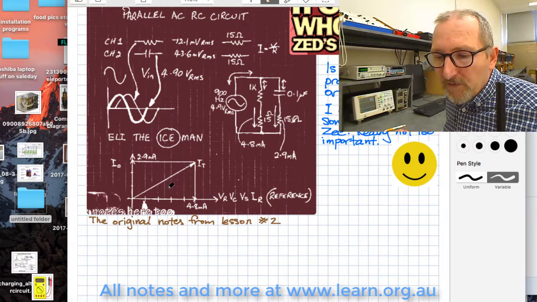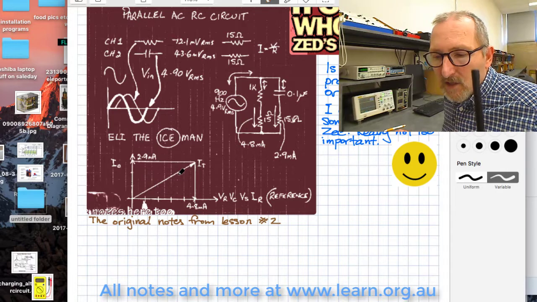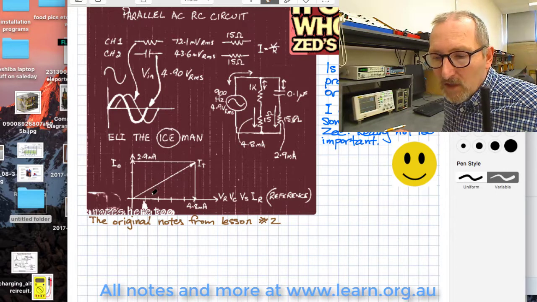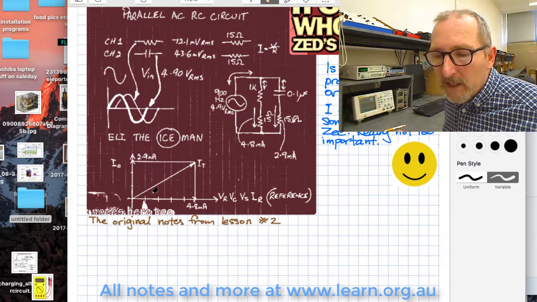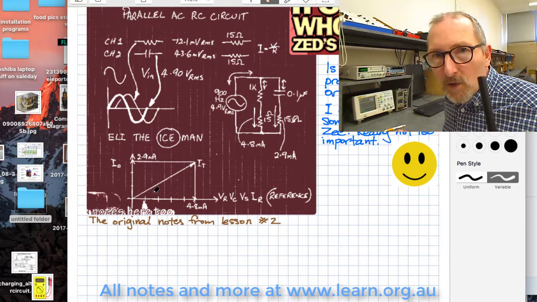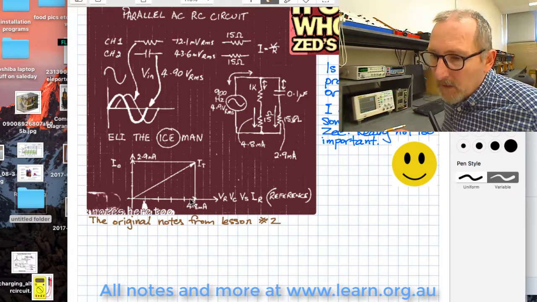And that's called the phase angle of the circuit. If in this case the circuit phase angle was large, the circuit would be a capacitive circuit. The capacitor would dominate. If the phase angle is small, then it becomes more of a resistive type circuit.